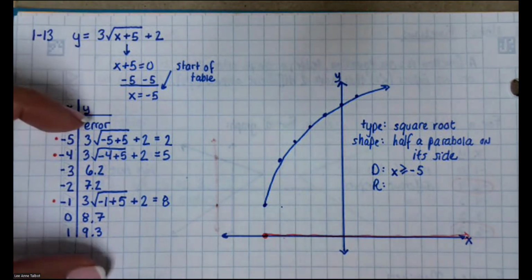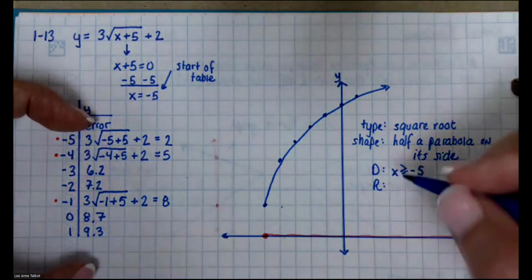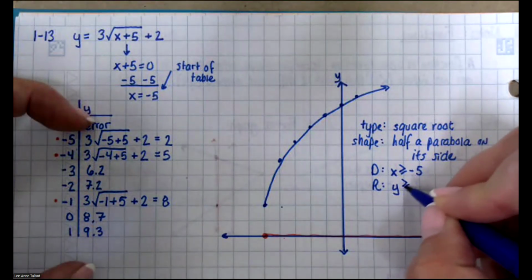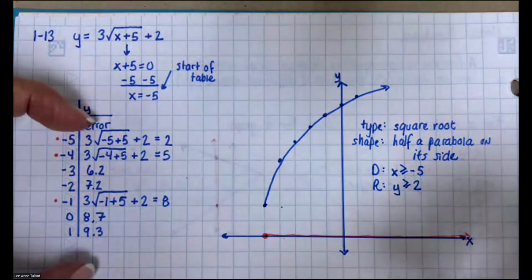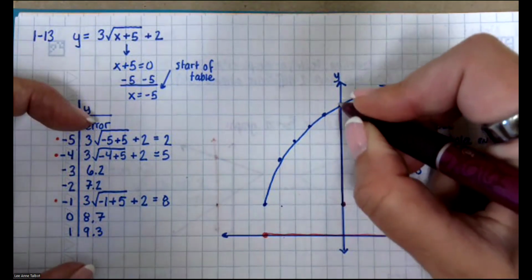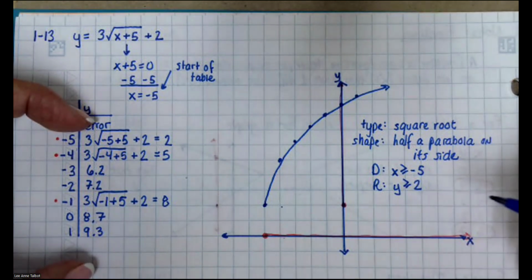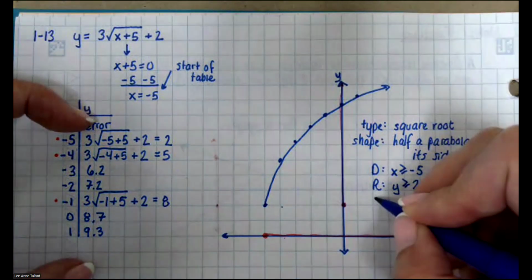Okay, and what is the lowest value of the y's? 2. Y is greater than or equal to 2, which you can also see graphically. Is this a function? Yes.